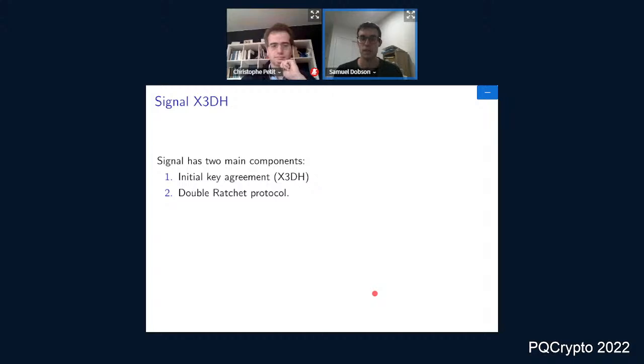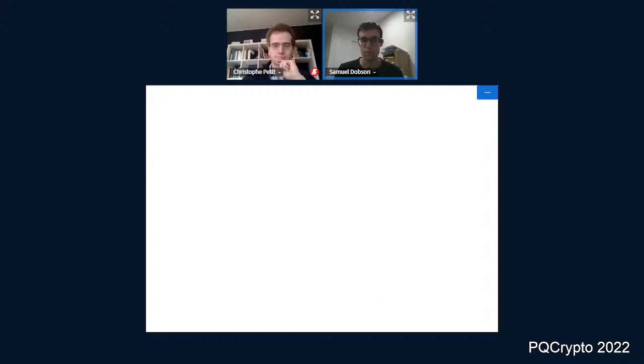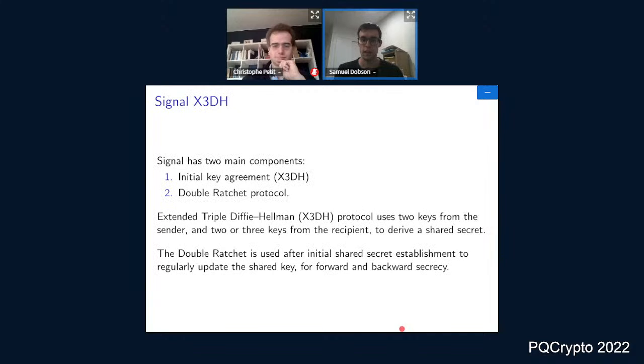There's the initial key agreement where the two parties establish their shared secret key, and then the double ratchet protocol takes over from that point on, and the key is continuously updated. So this provides some sort of forward and backward secrecy after the shared initial secret.